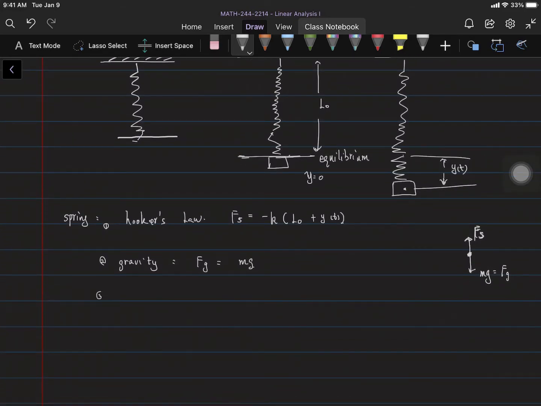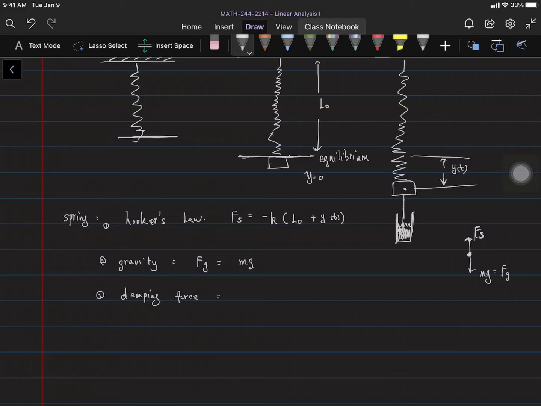Sometimes, if we add some damping force, I don't know if you have already heard about this or not. Damping force means a kind of resistance. If we have some fluid, it gives some resistance. This is damping force.